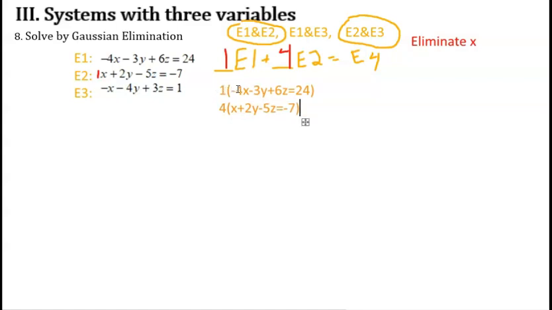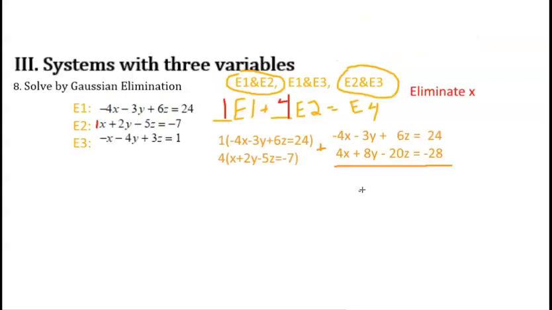From there, we'll distribute into all the terms and rewrite our 2 equations.